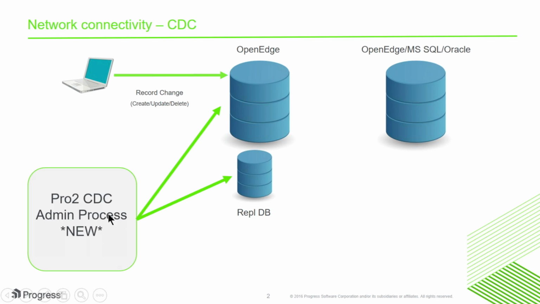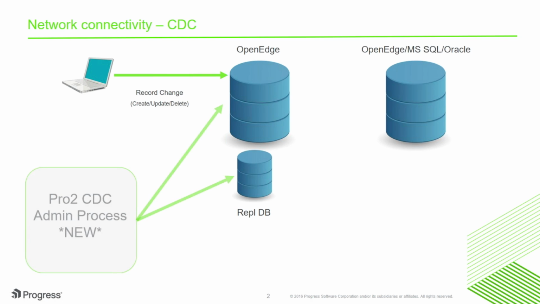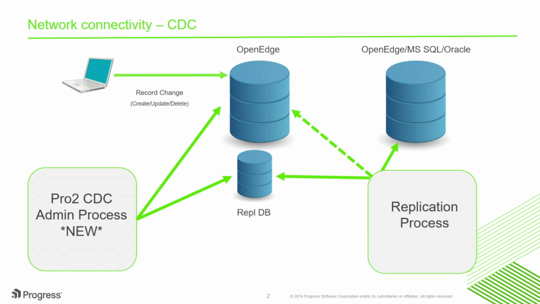So again, many new features about the way this particular process can be configured. But the nice thing here is this is a standalone event that now copies CDC into the REPL database, which means that the replication process itself can stay exactly the same as it was.